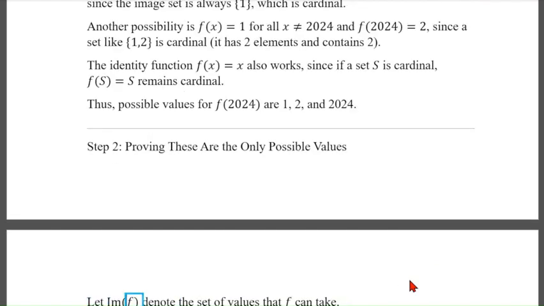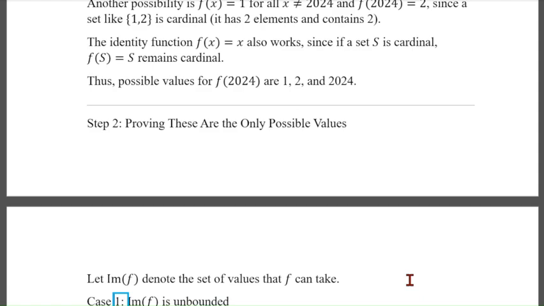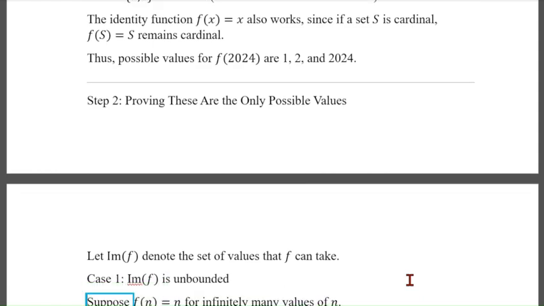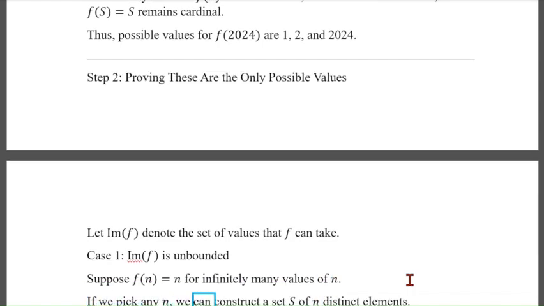Let Im(f) denote the set of values that f can take. Case 1. Im(f) is unbounded. Suppose f(n) = n for infinitely many values of n. If we pick any n, we can construct a set S of n distinct elements.